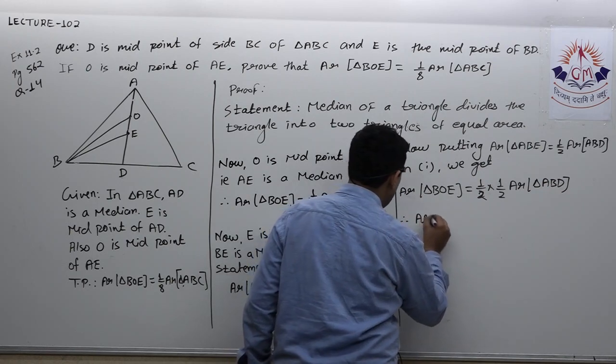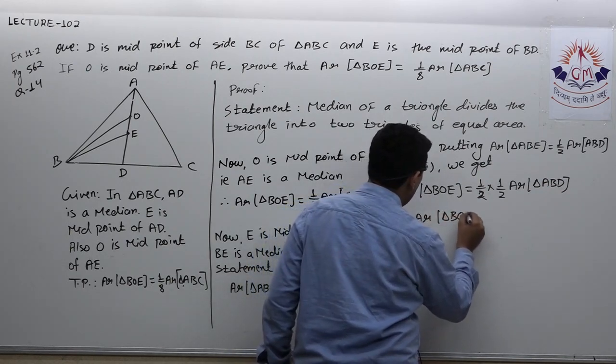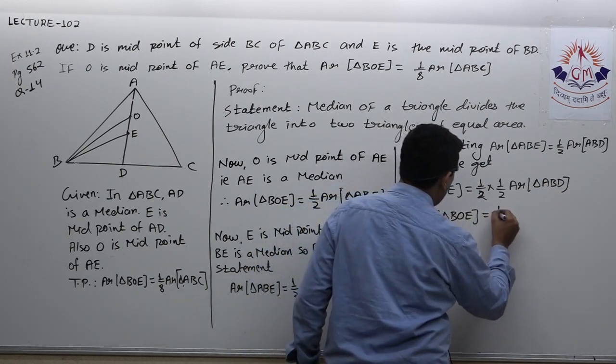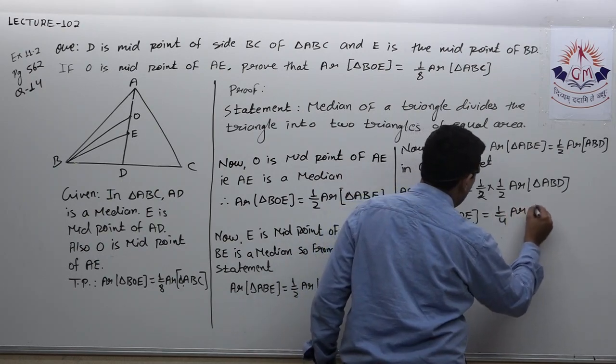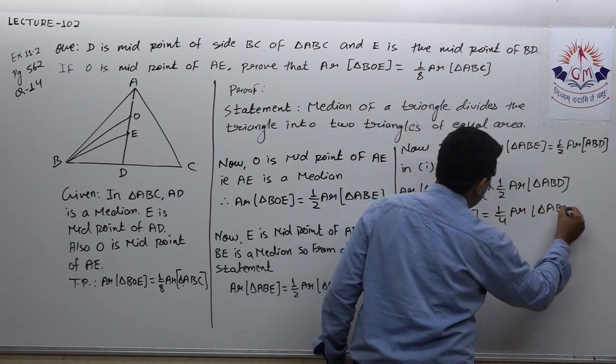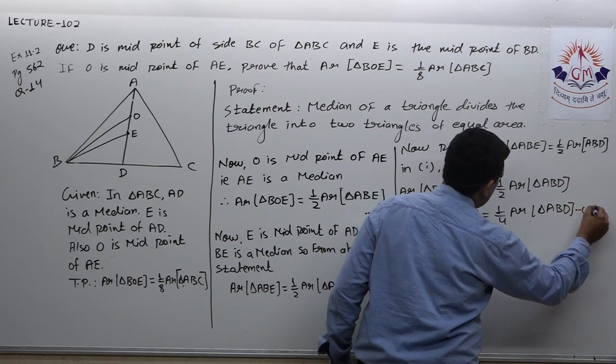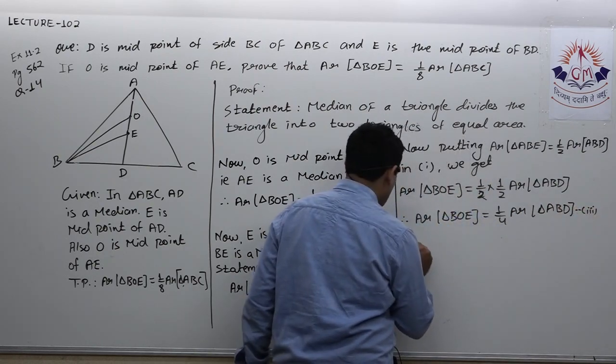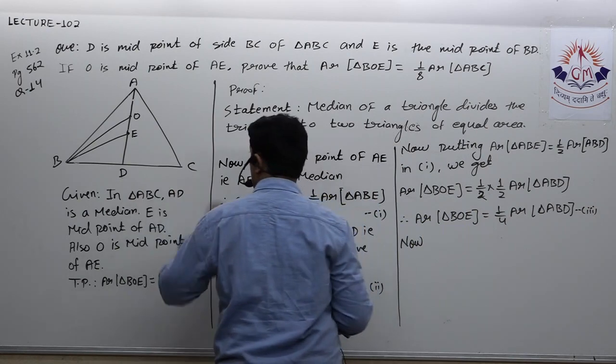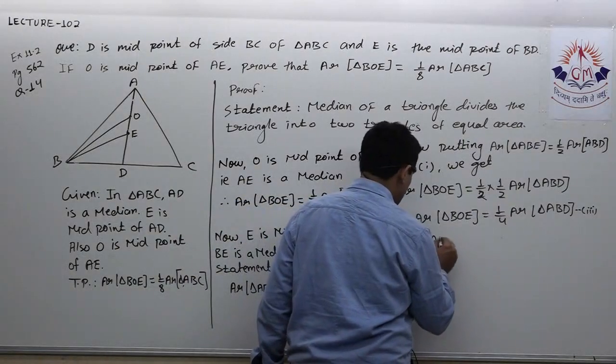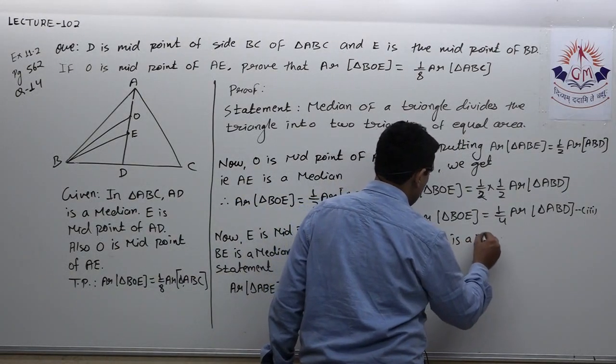Therefore, area of triangle BOE is equal to 1 by 4 area of triangle ABD. Let it be third. Now, D is midpoint of BC, so AD is a median.